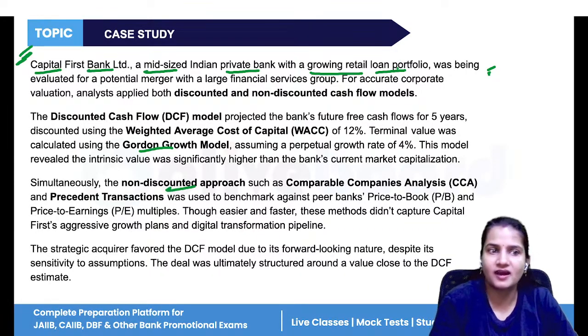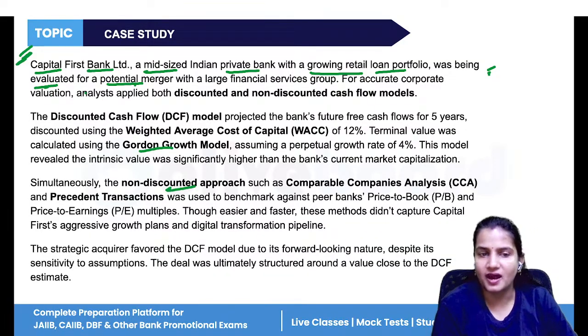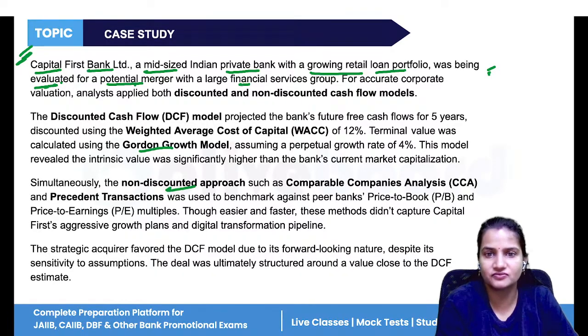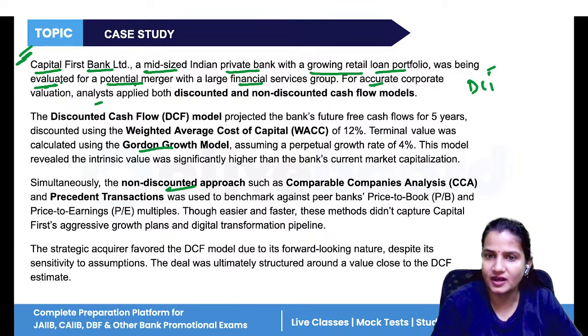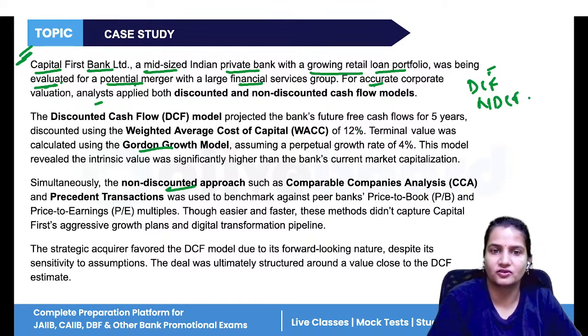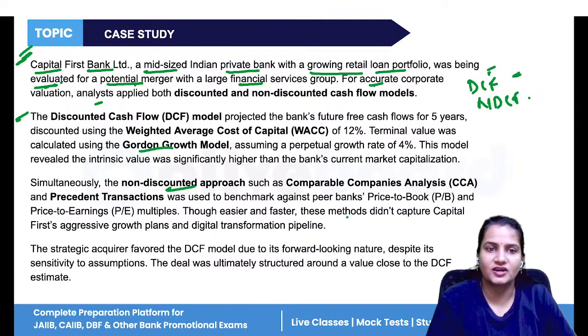Now, this bank was being evaluated for a potential merger. Another bank wants to merge this bank. So this bank was evaluated for getting merged into another large financial services group. For accurate corporate valuation, the analyst has applied both discounted cash flow valuation models and non-discounted cash flow valuation models. In discounted cash flow valuation, two approaches are used.